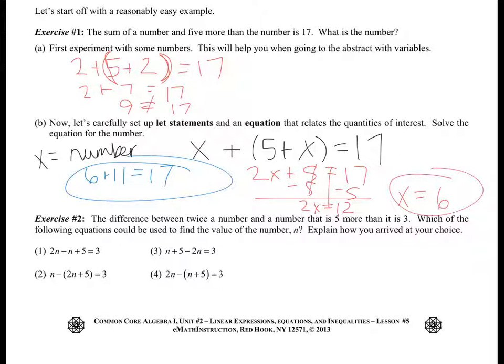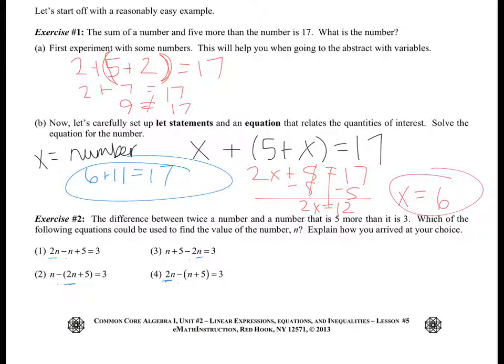So now we need to figure out which one of these equations matches the information we're given. The difference between, so we need to find a subtraction sign. This one has subtraction, this one has subtraction, this one has subtraction, this one has subtraction. Twice a number, and a number that is 5 more than it.